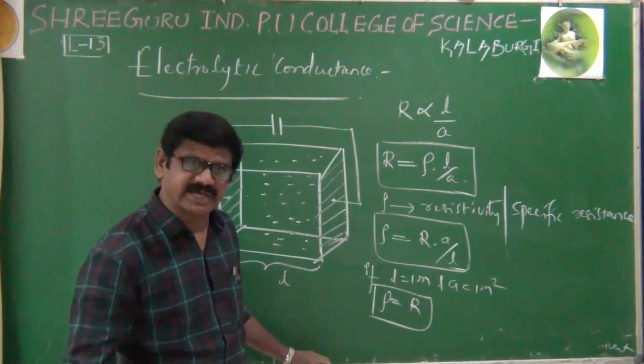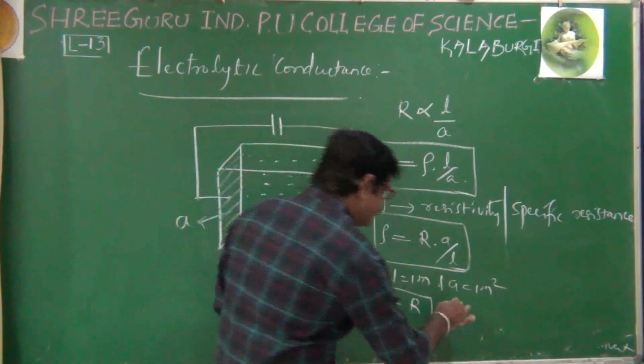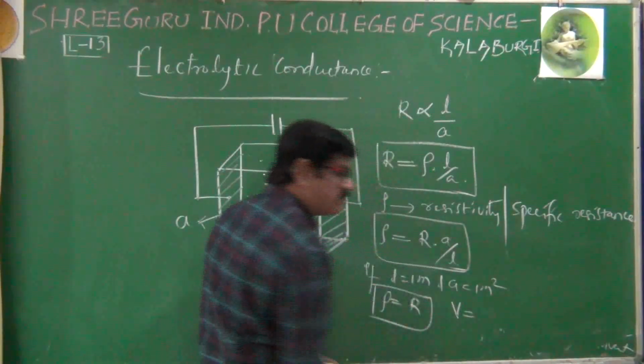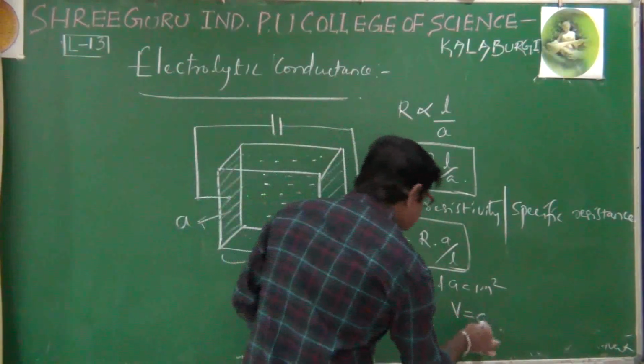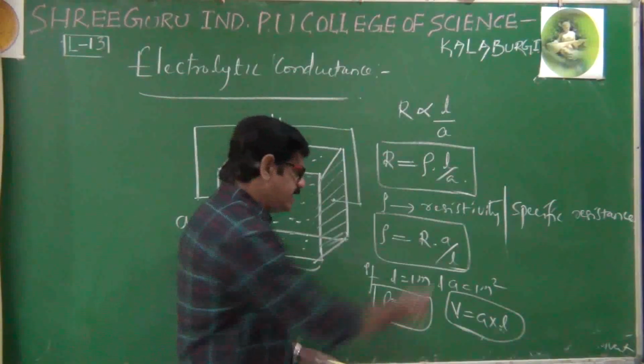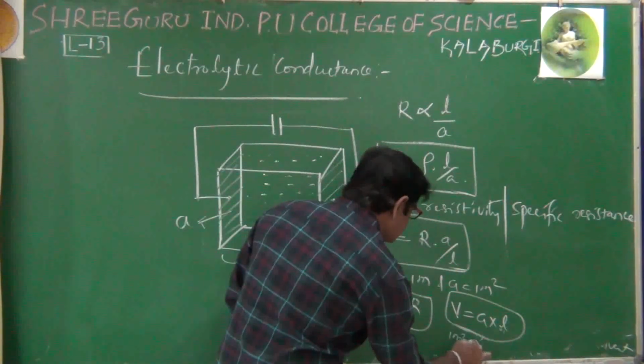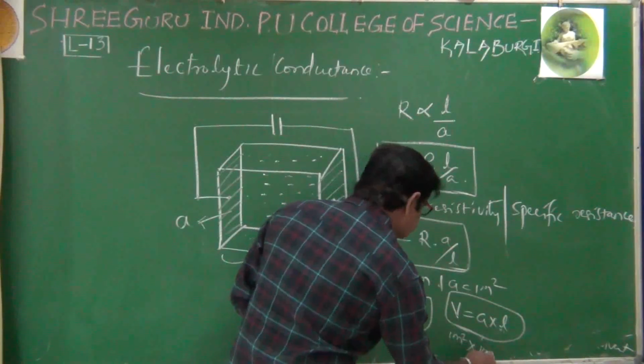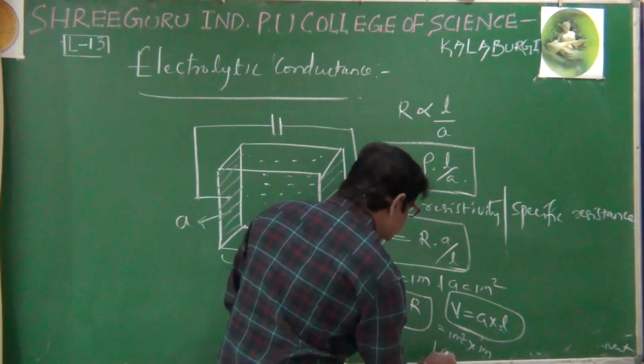Another way we can define it is in terms of volume, because the volume formula is A into L. Volume is A into L. Now area is 1 meter square and length is 1 meter. If you multiply, how much volume will you get? 1 meter cube.